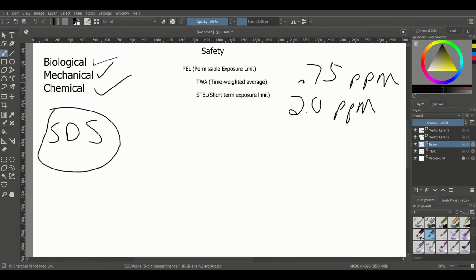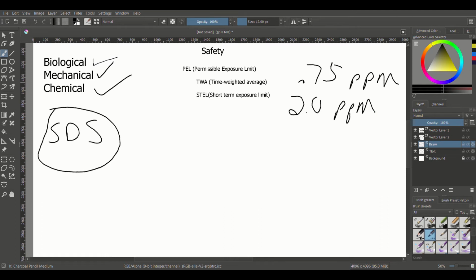Something that you're going to hear about a lot on exams and other assessments is the PEL, or permissible exposure limit, of a hazardous chemical. The one that I always think of, and the one that is often assessed, is formaldehyde. So we'll use that as our example here.